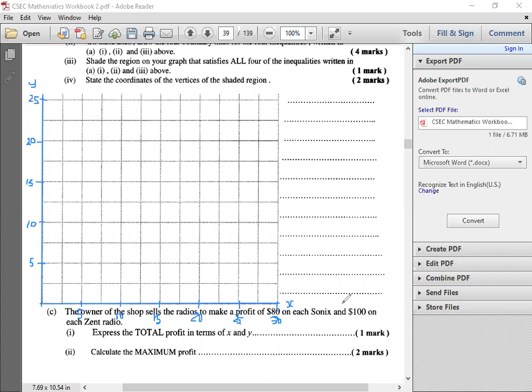To put in my Y equals 6 and my X equals 6, let's say it's about here, for my Y, and about here for my X. I'm trying.